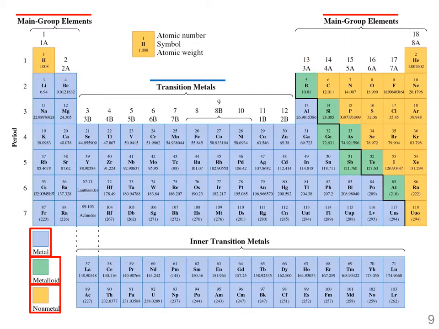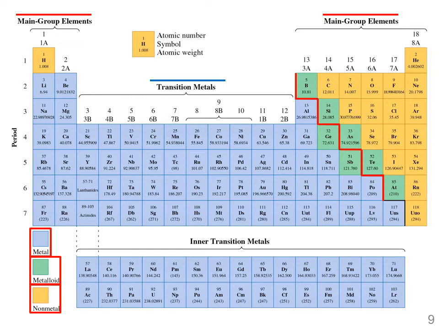And in between, we have the green metalloids or semimetals. Do you see the broken line that separates the metals from nonmetals? And the elements adjacent to that line are metalloids, semimetals, with the exception of aluminum and polonium.